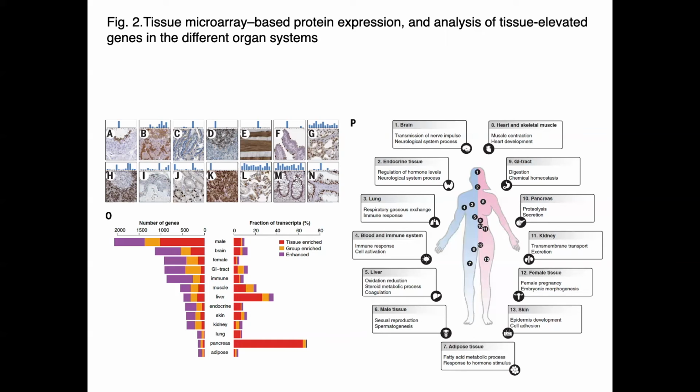Then what is tissue microarray? Because the title here is tissue microarray based protein expression. Sometimes it's also called a tissue array. Basically, it is a glass slide with many small pieces of tissue sticking on the slide.